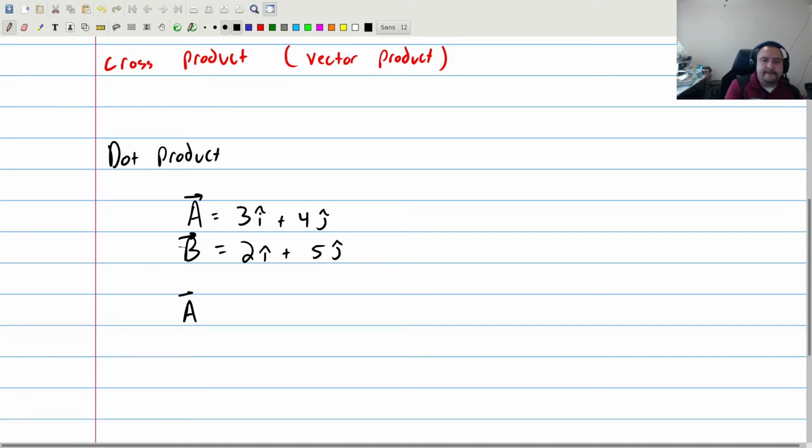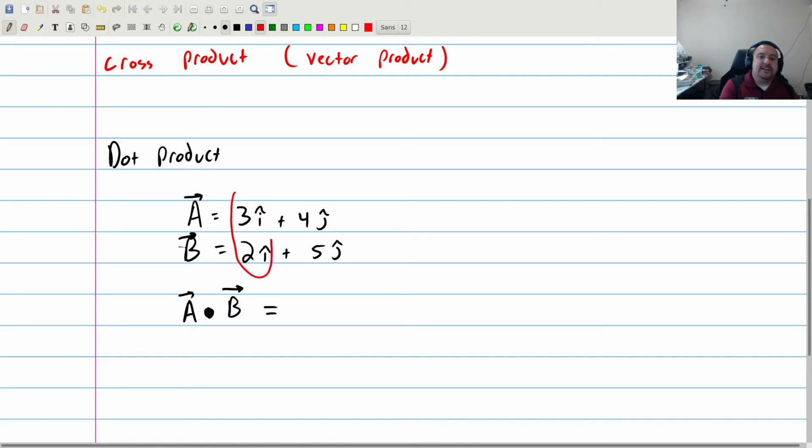A dot product, and you'll notice we use a really heavy dot for multiplication here because this is a dot product. A dot B. So we'll say A dot B or A dot product B when we read that. This is equal to, so here's what we're going to do. We're going to multiply each of the pieces that are in the same direction.